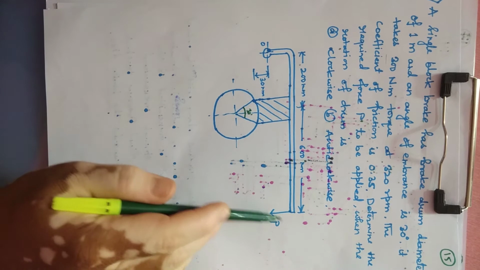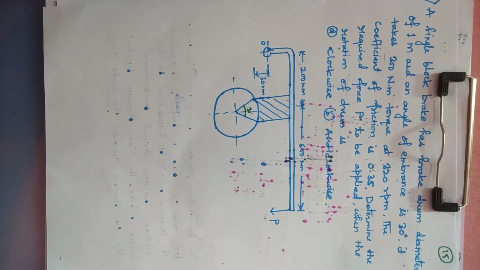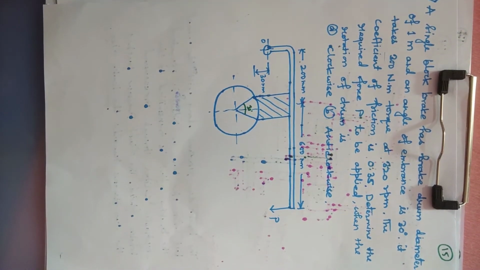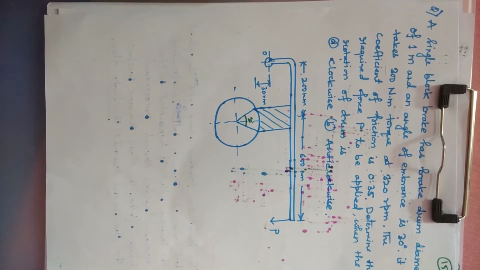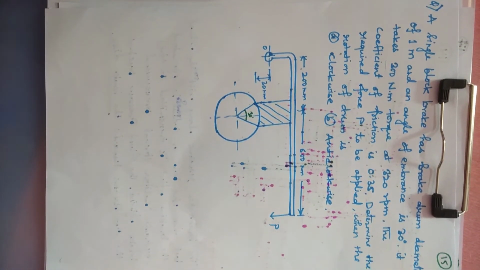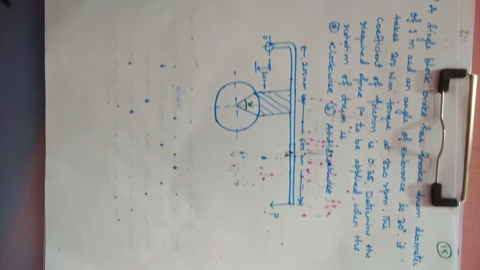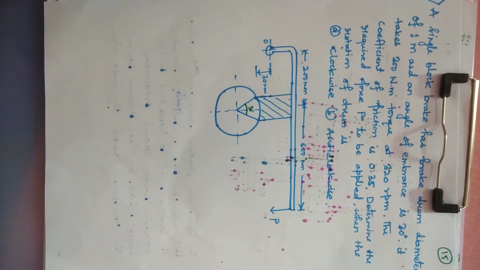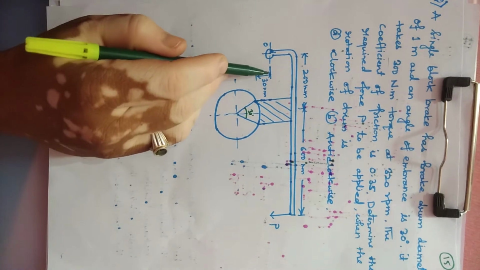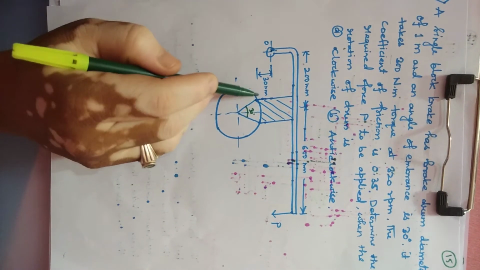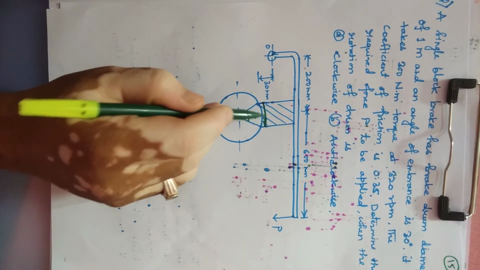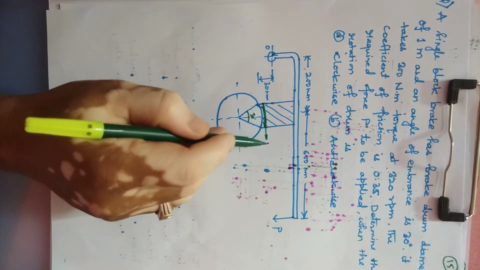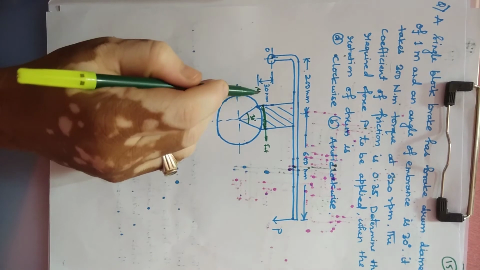You have to calculate the force P to be applied when the rotation of the drum is clockwise and anti-clockwise. That means we have to find out the applied force for both the cases, clockwise and anti-clockwise. And one thing is given, that the fulcrum is above the line of action of the braking torque, that is Ft and mu Rn.